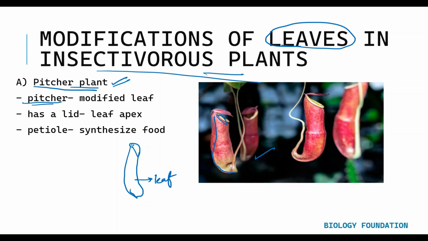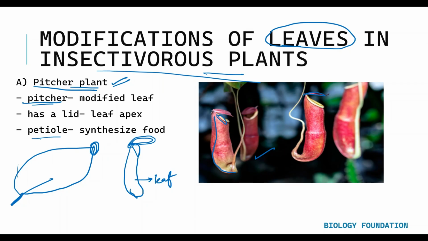If you observe, the pitcher has a lid, just like our bottles or a box have a lid. Now what is this lid? Let's assume this is a leaf. The entire leaf gets modified into the pitcher, and the leaf apex gets modified into the lid. And we know there is a petiole to the leaf.